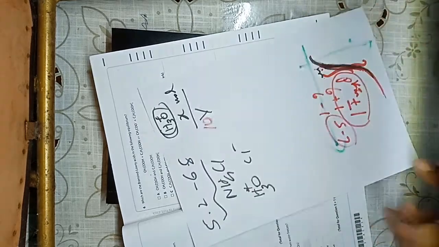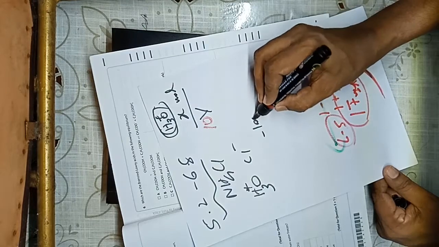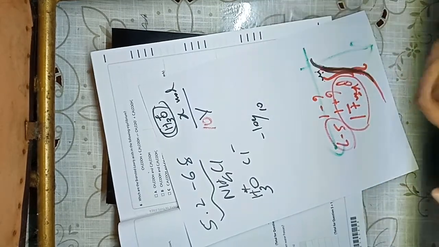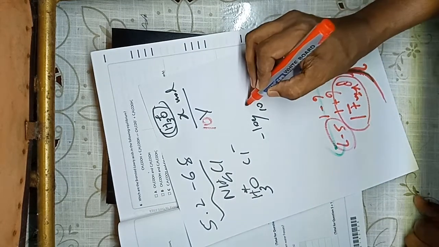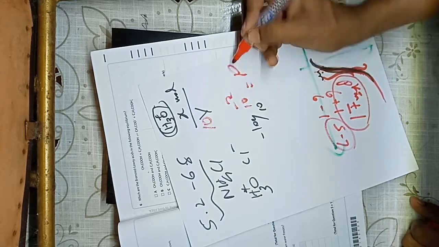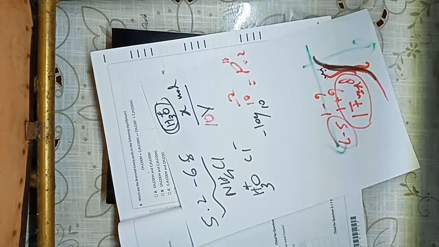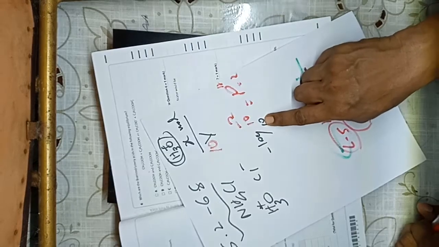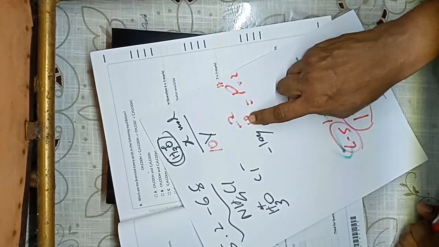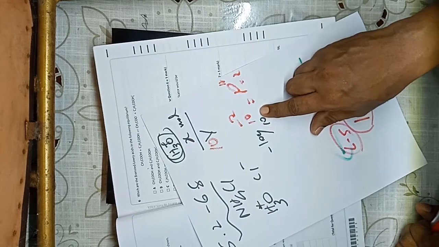Initially pH 2 means minus log of 10 to the power minus 2. Here pH 2 means minus log of 10 to the power something is 2, so that something is 10 to the power minus 2.